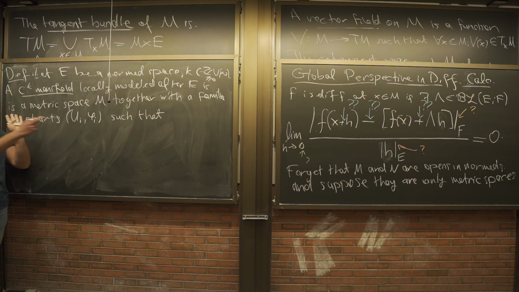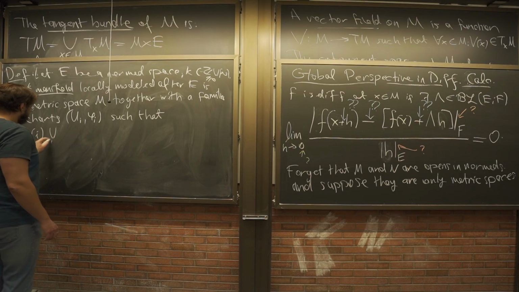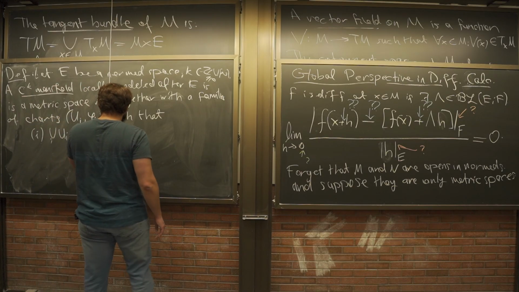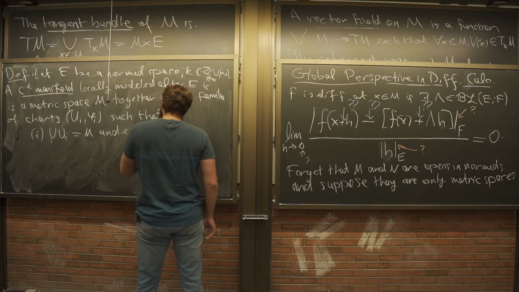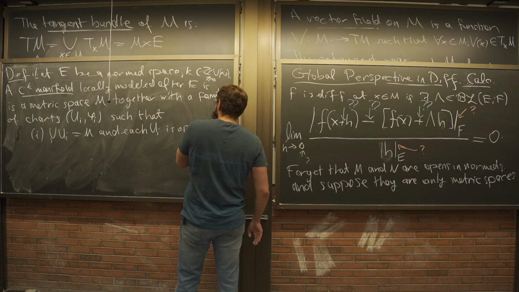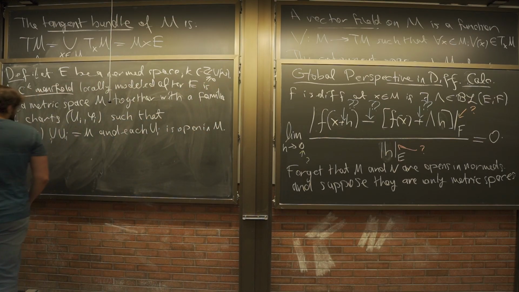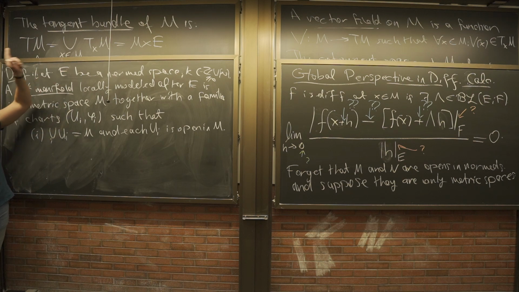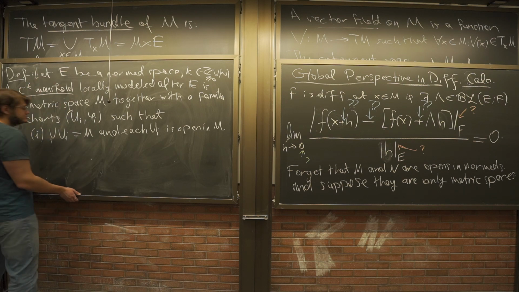And I want the union of the U_i's to contain all of it, to be everything. Phi_i is a function from U_i to E that is homeomorphic onto its image.